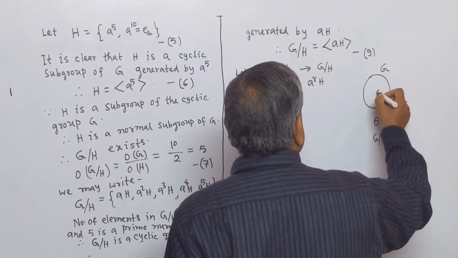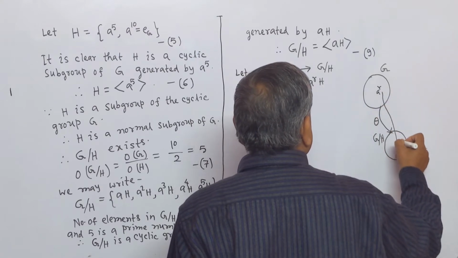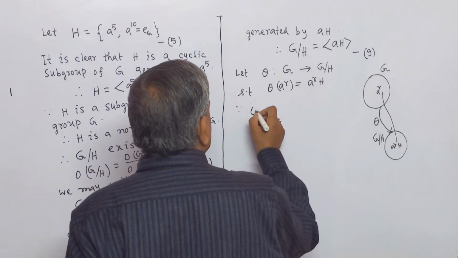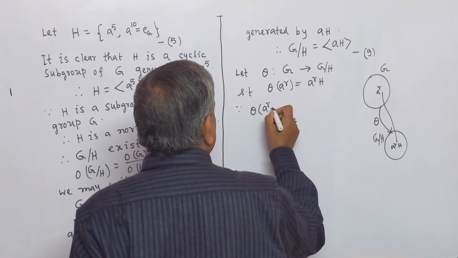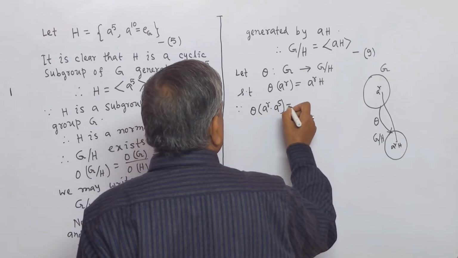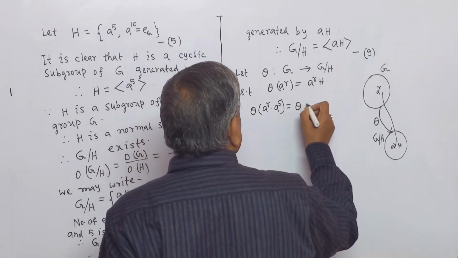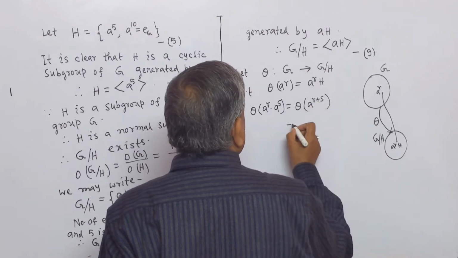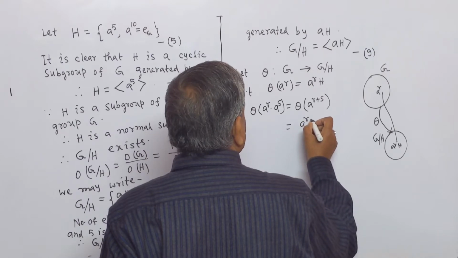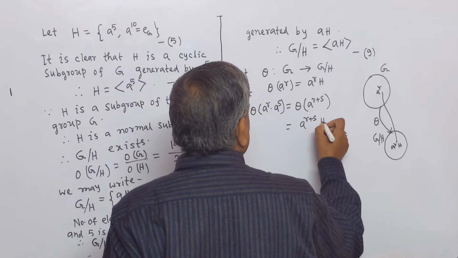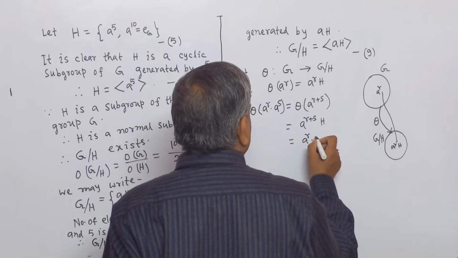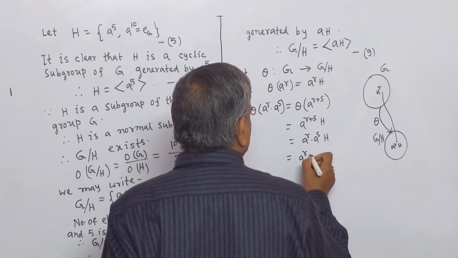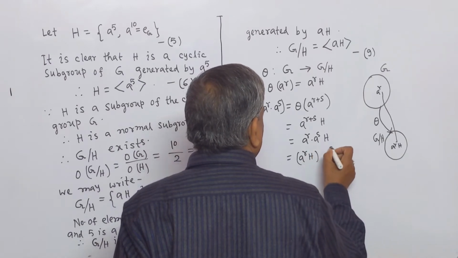Here for A to the power R we get an image A to the power R H. Since theta of A to the power R multiply A to the power S equal to theta of A to the power R plus S equal to A to the power R plus S H equal to A to the power R A to the power S H equal to A to the power R H A to the power S H.